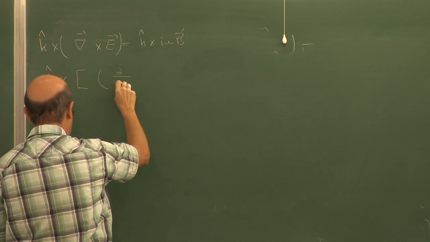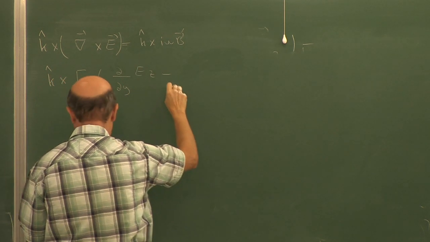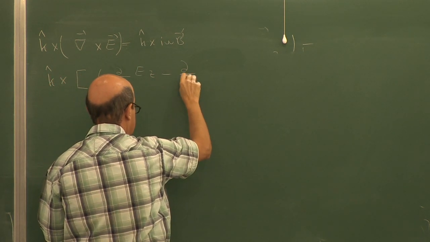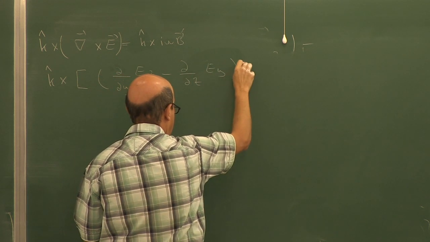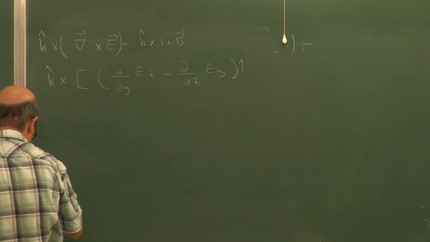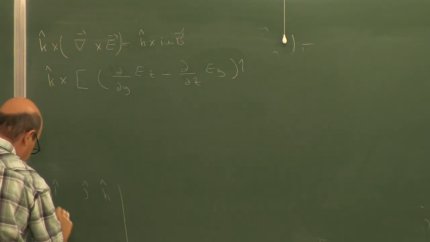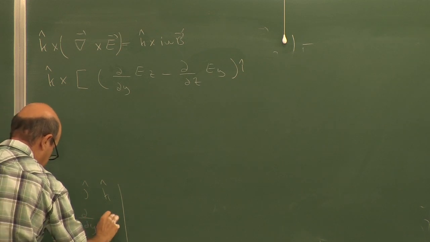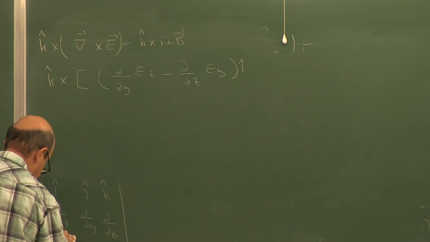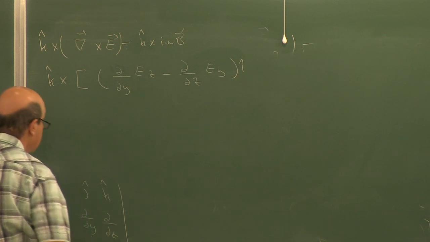Del over del y Ez, del over del z Ey, I. So you know that this is i, j, k; del over del x, del over del y, del over del z; Ex, Ey, Ez.